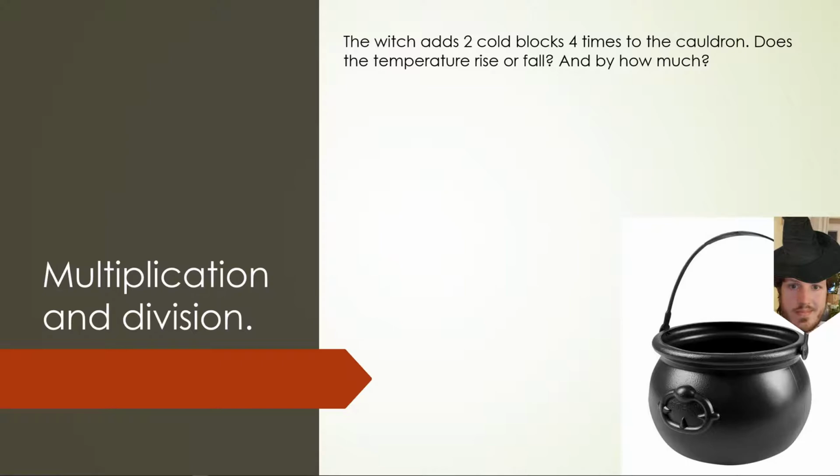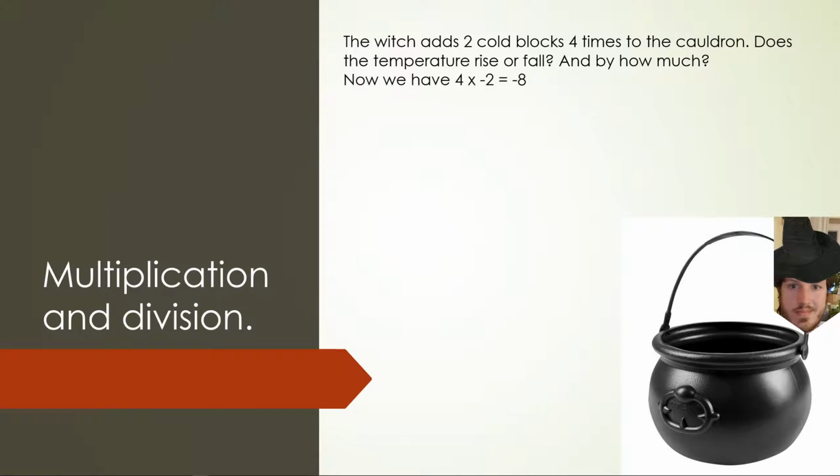Well, we add 2 cold blocks. So that means the temperature will fall, right? Because a cold block will make the temperature fall. If we do this 4 times, the temperature will fall even more, right? Well, what calculation comes with this?